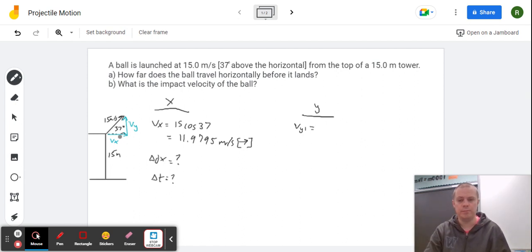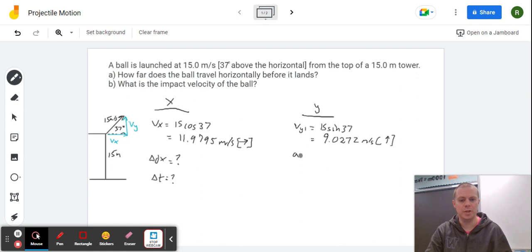Vy1 is opposite to the angle with the hypotenuse, so it's going to be sine. So 15 sine of 37, which gives us 9.0272 meters per second up.